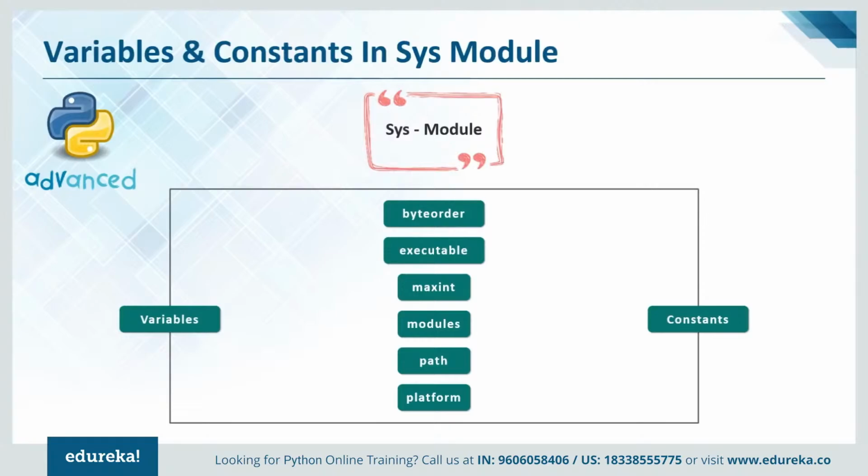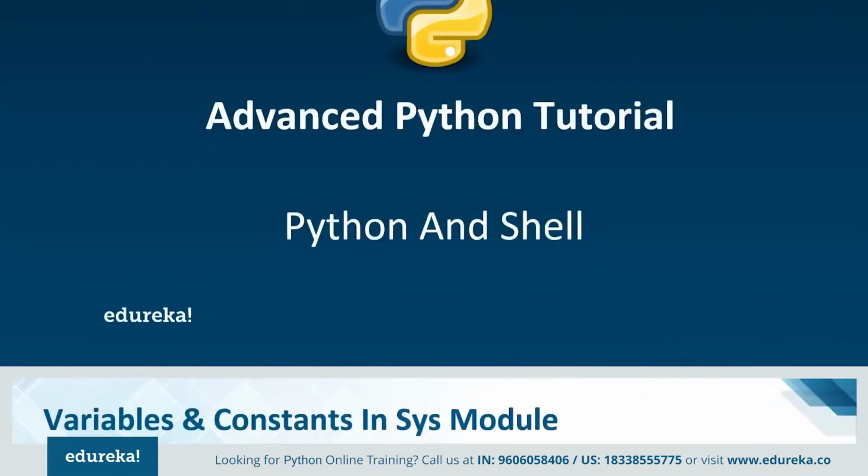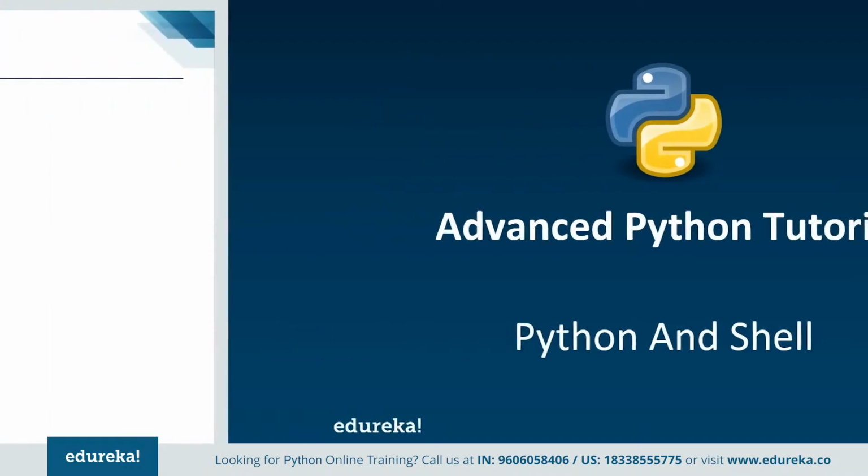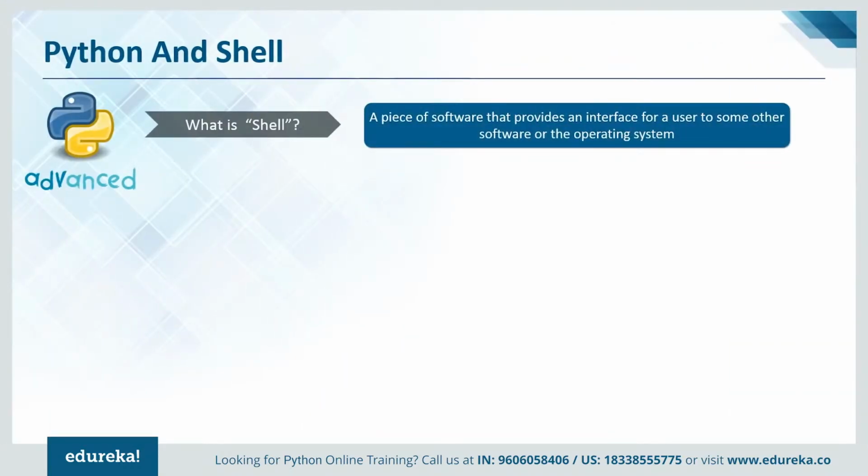Simple. Well, now that we saw the system programming, next we'll look at Python and the shell, and let us dive a little bit more into system programming. So guys, shell is a term which is often misunderstood, right? It is used majorly, but it is definitely misunderstood in my opinion. So let's say like the shell of an egg or a hen or a Python snake or a mussel or anything.